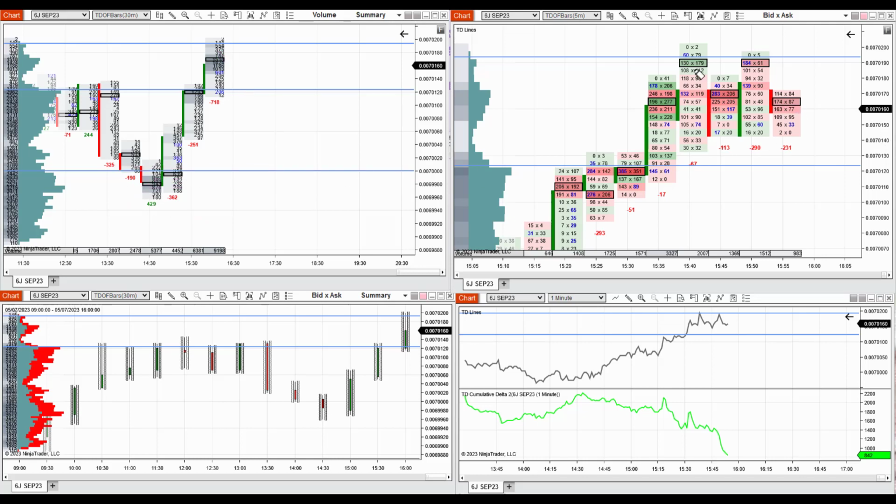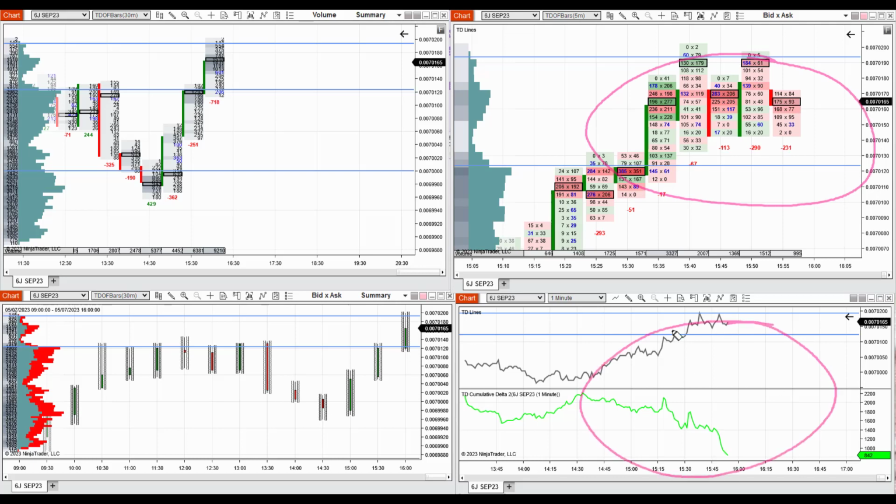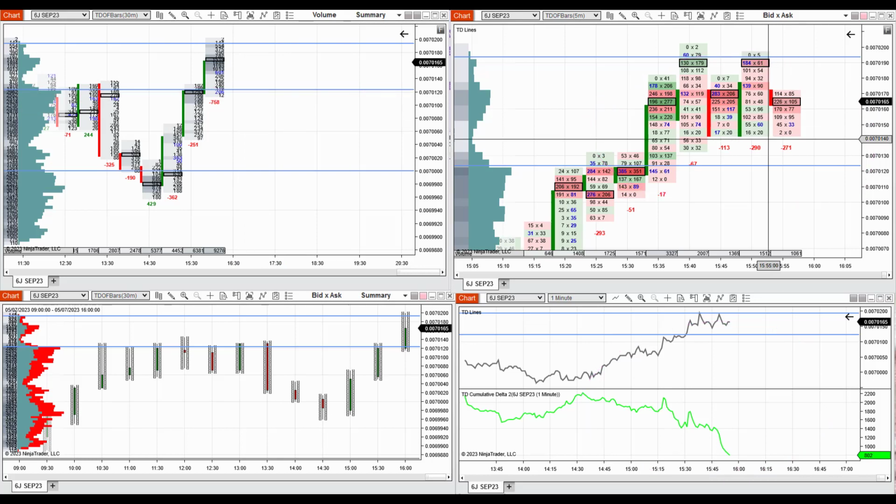And I'll be watching closely the 5-minute order flow. Also this chart where I have the cumulative delta. And if I see something that would tell me that I should quit the trade, I mean the second half of the trade, then I'll do it. But right now, let's just focus on getting out with that first half of the position in this place where we have that heavy volume cluster and the first take profit.